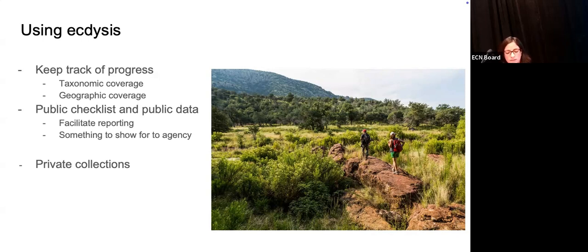Since the checklist and the vouchers are publicly available in our database, it facilitates reporting and is definitely something that we can every once in a while show to the agency who gave us permits to collect there, that there are things going on with the project instead of waiting until there's some publication coming out of the project.